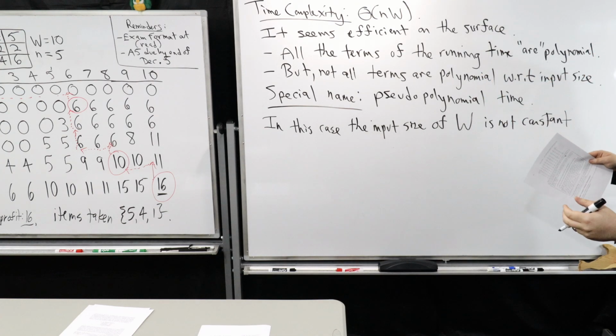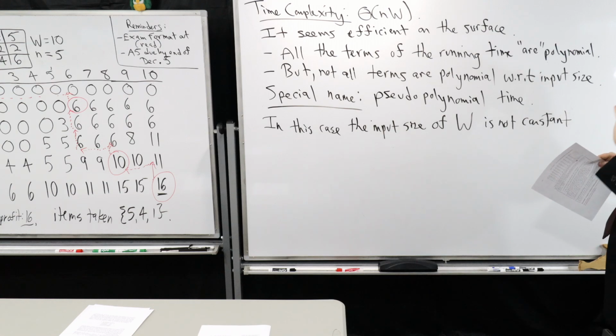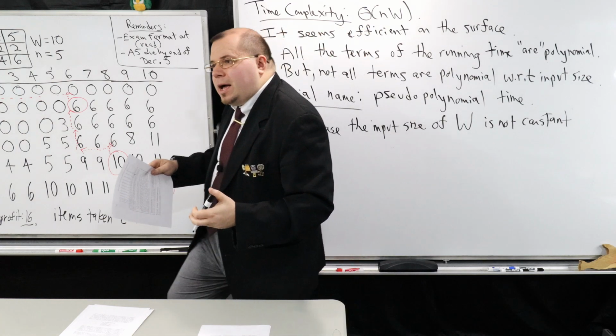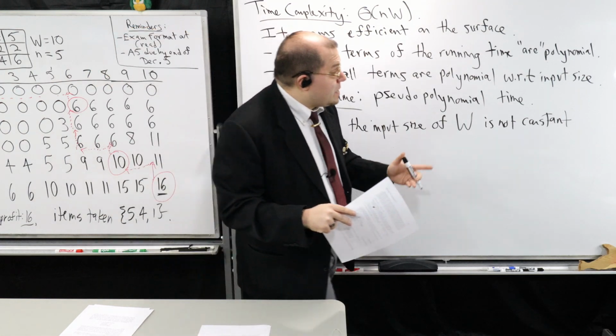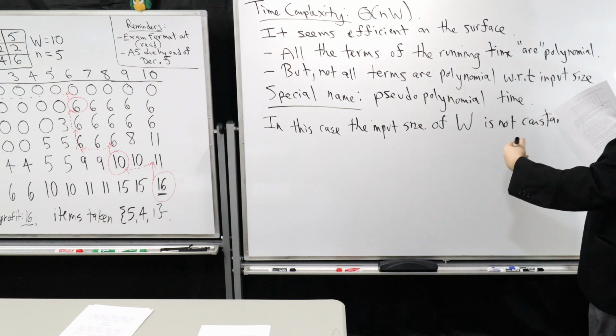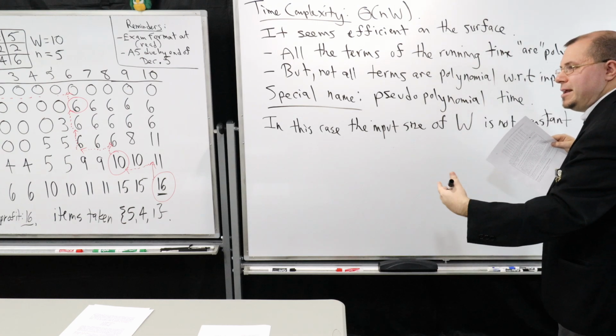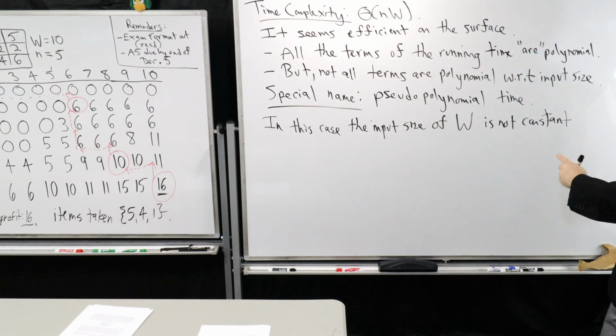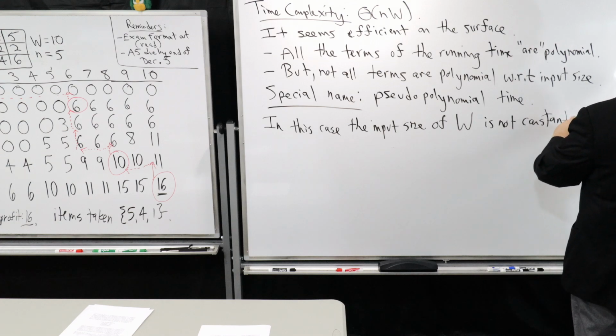So that's one thing you can also keep in mind. If you know the knapsack capacity is never going to change at all, then this will be a polynomial time algorithm with respect to the input size. But remember, W is a part of the input. Every problem instance is formulated with those parameters, and this includes the knapsack capacity. In this case, the input size of W is not constant.